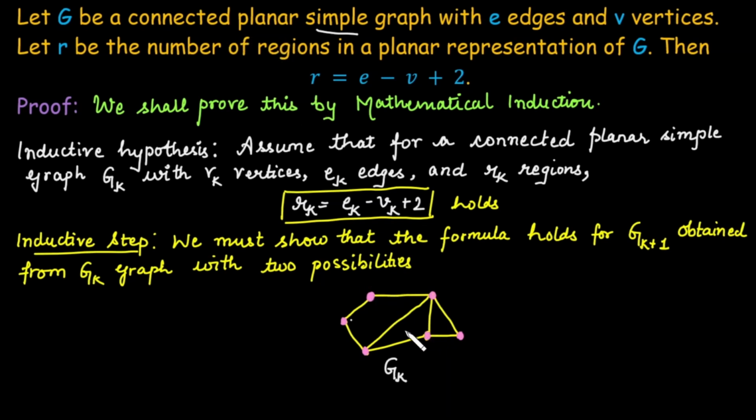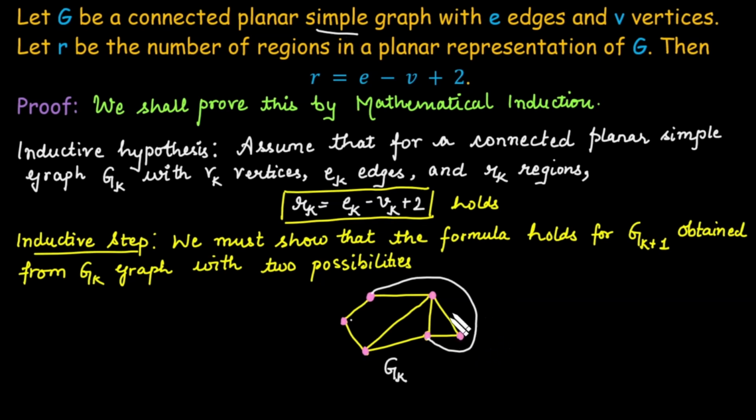Graph is planar means no intersection of the edge. So we can combine these two vertices by taking an edge from the outer side. So we have added a new edge between the existing vertices and the graph is connected, planar as well as simple.